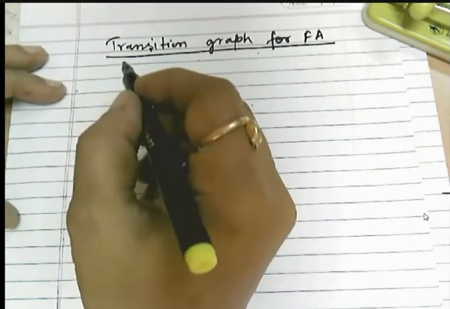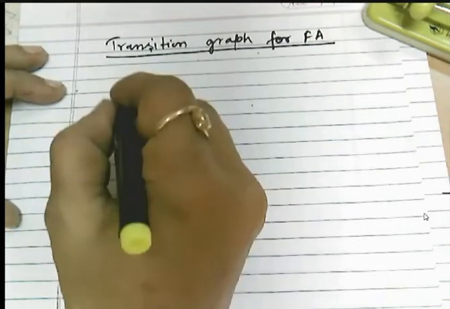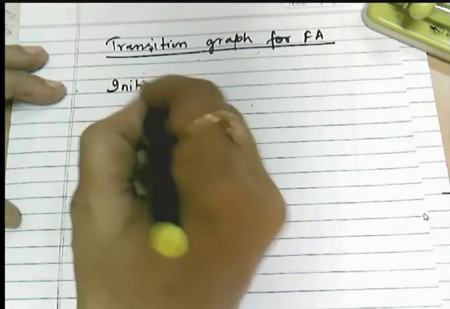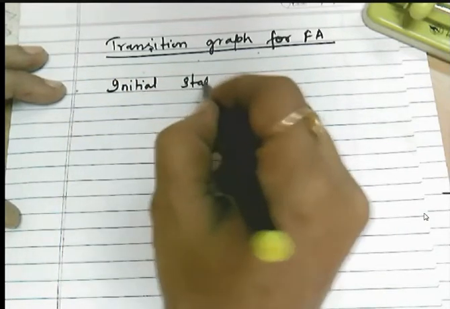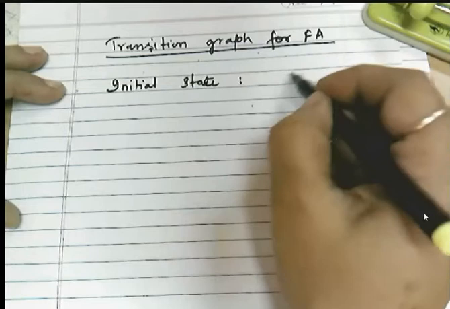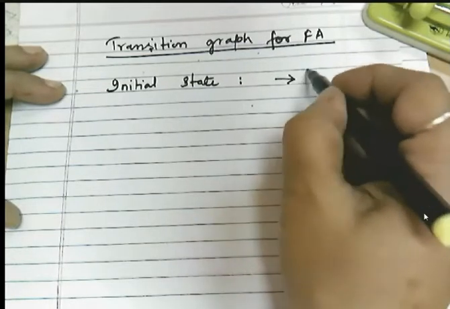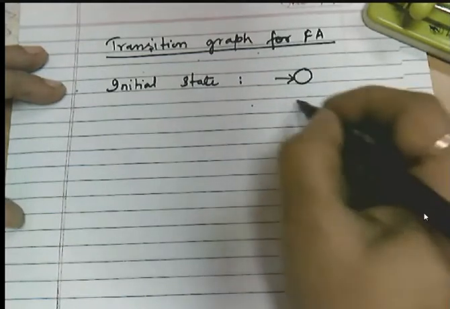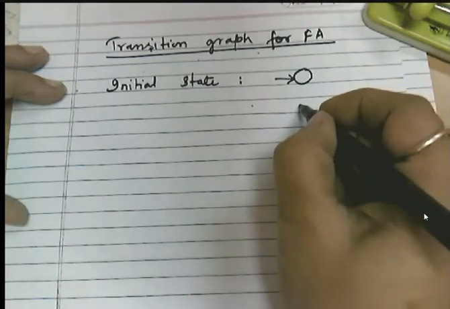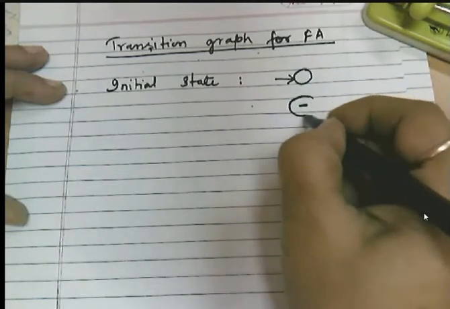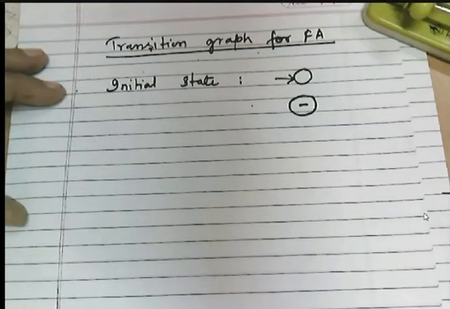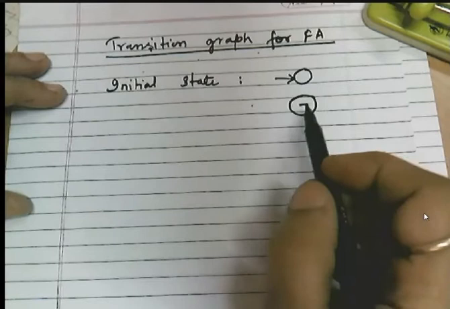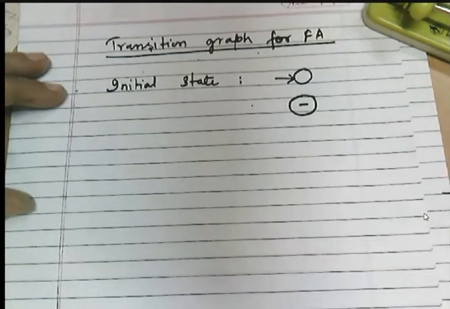It has an initial state, which is denoted like this notation. Another way to represent the initial state is by minus. If you have any state with a minus inside, it indicates an initial state.